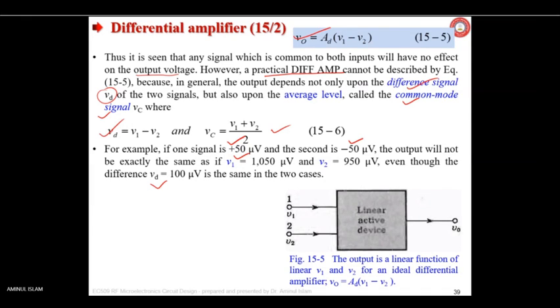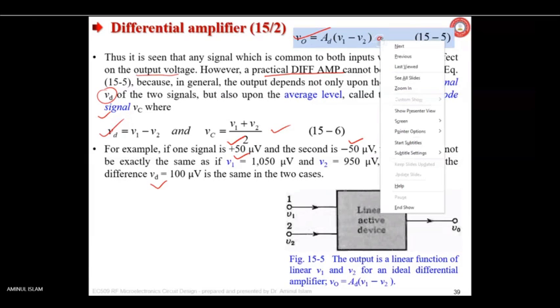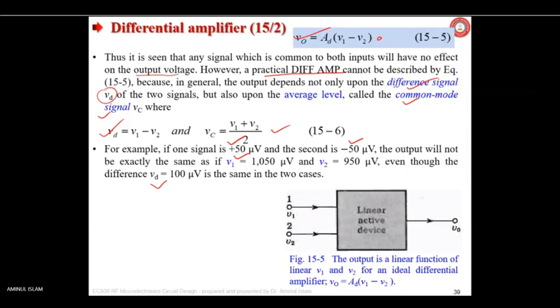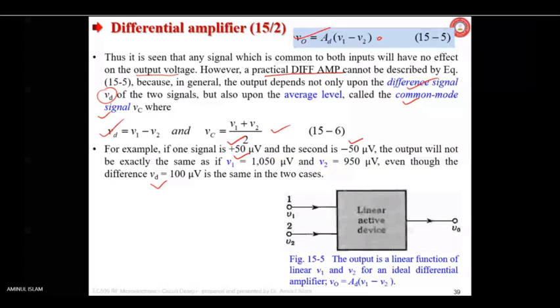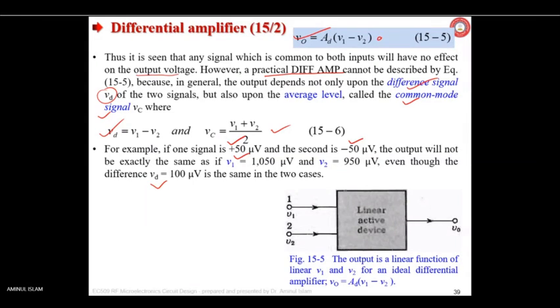Okay, so we have to get an expression which will take care of this. We'll see how the output can be expressed taking into account the common mode voltage gain also.